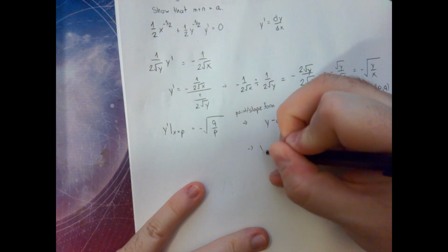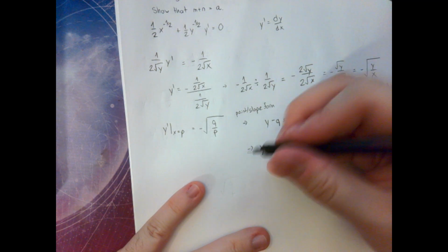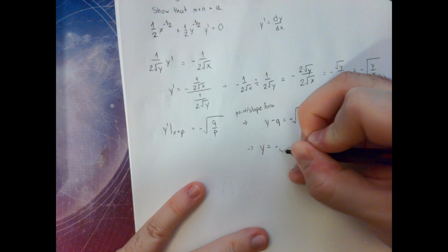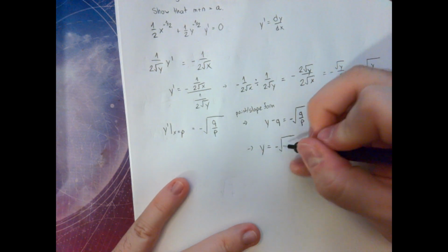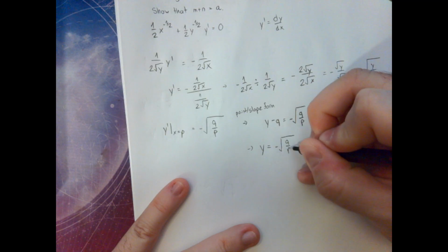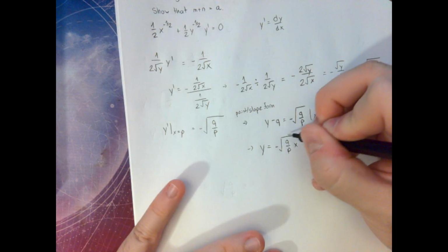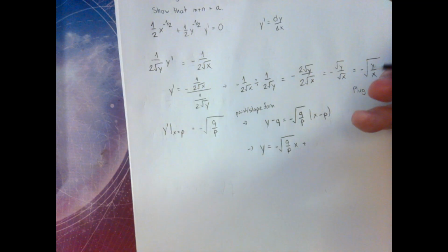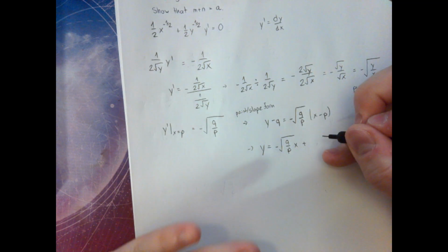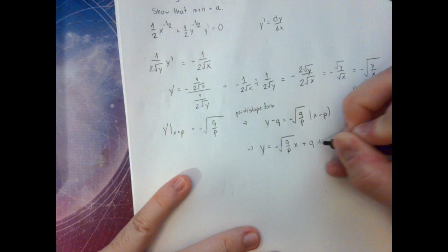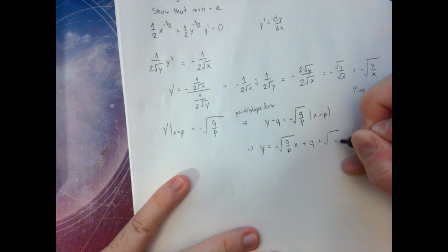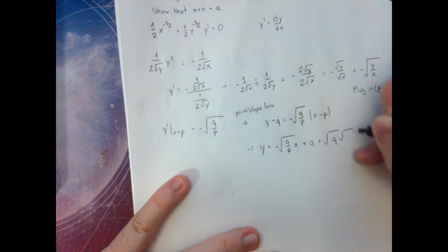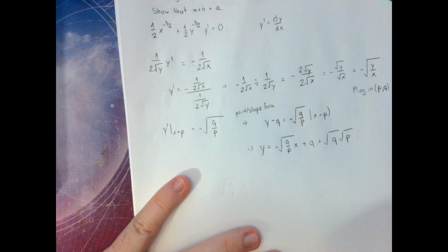So for now, I'm just going to isolate for y, and I'm going to end up with negative square root of q over p times x, right? This is essentially my mx term, and now my y-intercept is going to be written as two separate terms because I can't group them together, but of course they're both constants because I do not have my x variable on either term.